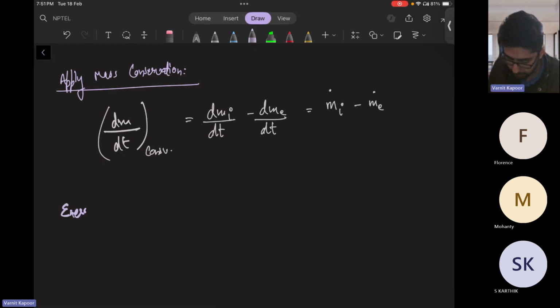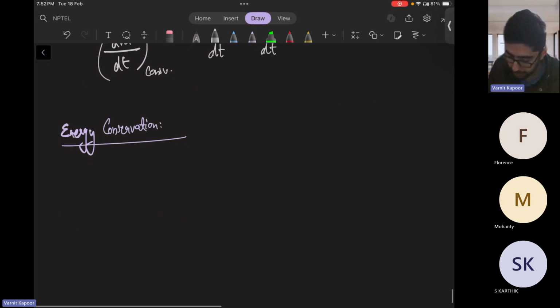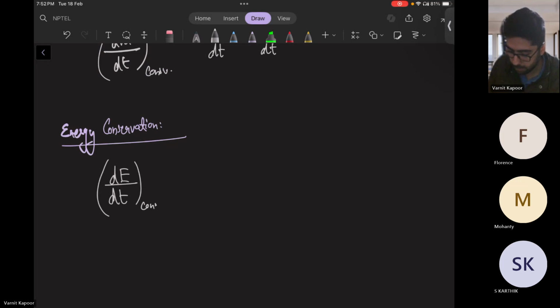Next law is energy conservation. It states that dE, the total energy with respect to time, is nothing but d by dt of all the energies, all the heads, everything at the inlet minus that at the outlet.